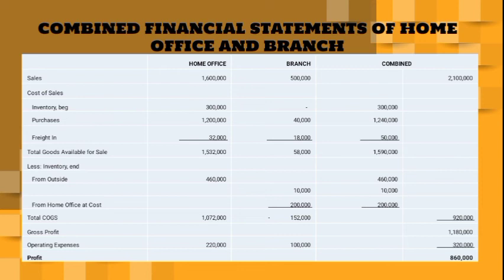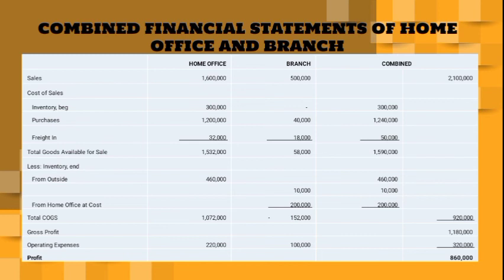So, get the total cost of goods available for sale, 1,072,000 para kay home office. And 152,000 naman kay branch. So, we have the combined cost of goods sold, 920,000. Next, from the sales of 2,100,000, we will deduct 920,000, then we could get a gross profit, which is equal to 1,180,000.